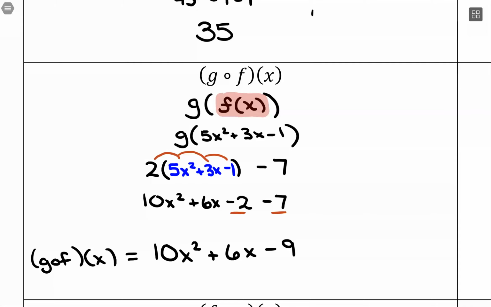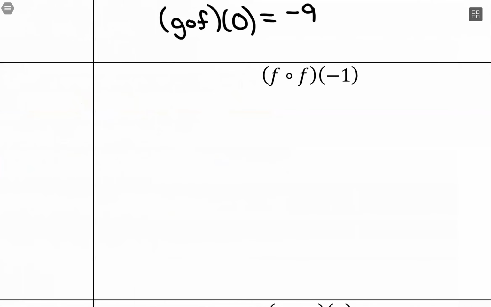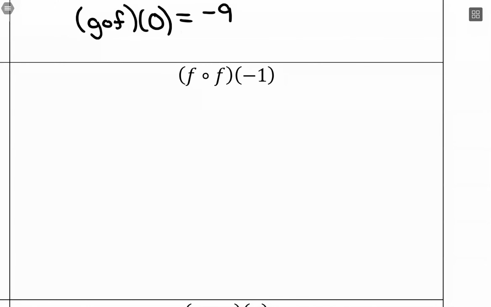All right. We can make composition functions with the same function. So how I would write this is f of f of negative 1. And how we simplify is exactly the same. It's just we'll only be using that 5x squared plus 3x minus 1 in this process here. So simplifying f of negative 1, we're going to do some work on the side here.